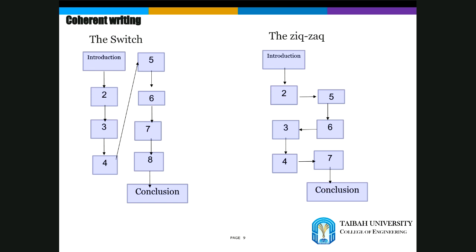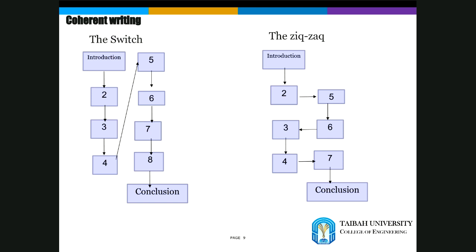Some of you, that's where I lose control in terms of the reading. When I read some students' reports, a student starts nicely with the introduction, number 2, and then another idea, and then moves on to number 5 and other points which are not related to number 2, and then comes back to number 3 later on.